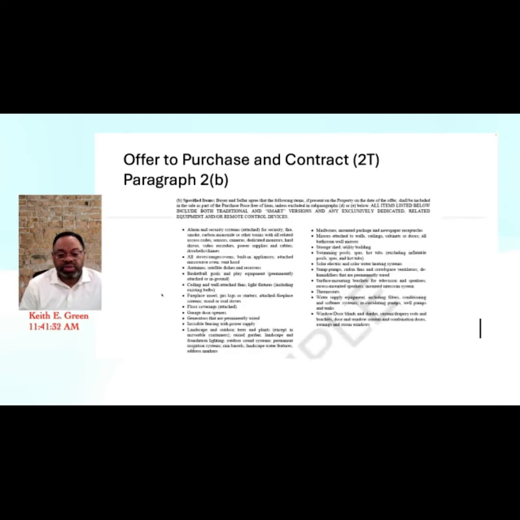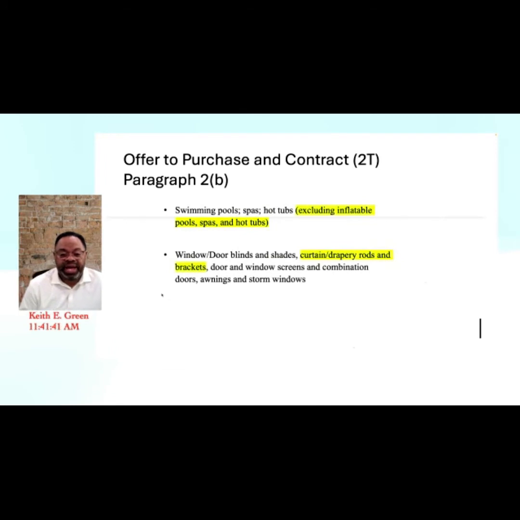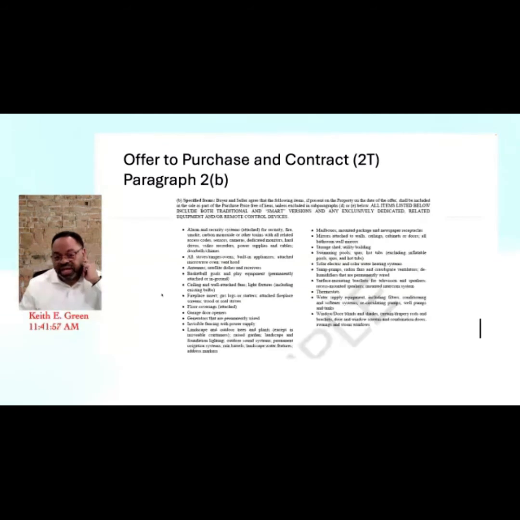When it comes to the fixtures, they added a couple of things to that list. They modified where it had swimming pools to include the exclusion of inflatable spas and hot tubs. Many people have inflatable spas and hot tubs now, so they made sure that, as we look at this list of fixtures, those are excluded, so that is not part of real property.